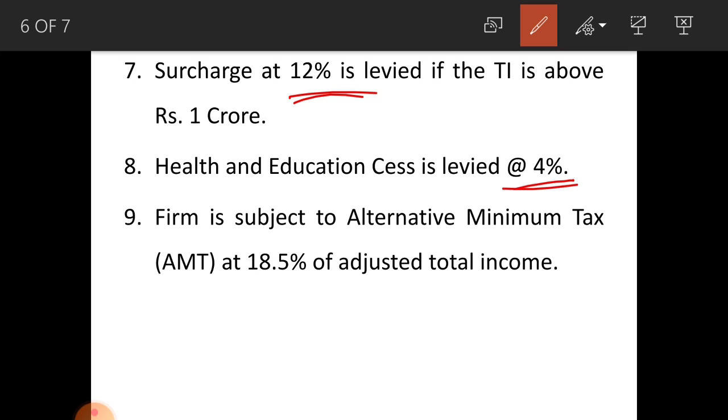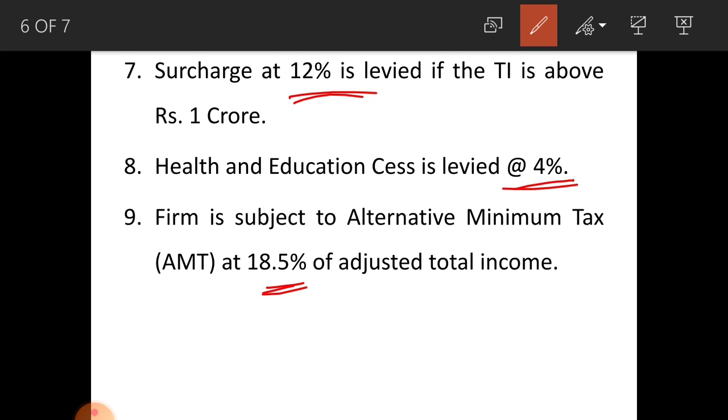This alternative minimum tax, AMT at 18.5%, is inclusive of health and education cess, that is 18.5 plus 4%, you have to add that 4% to this 18.5% to calculate AMT. Let us study that in the next session in detail.